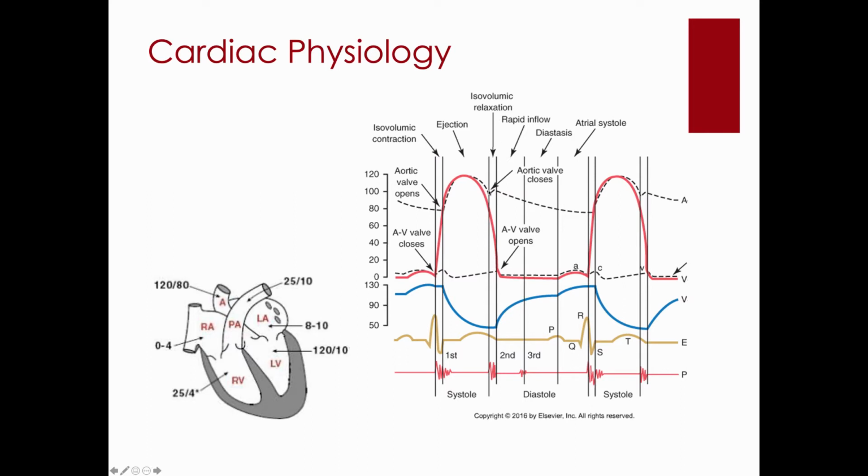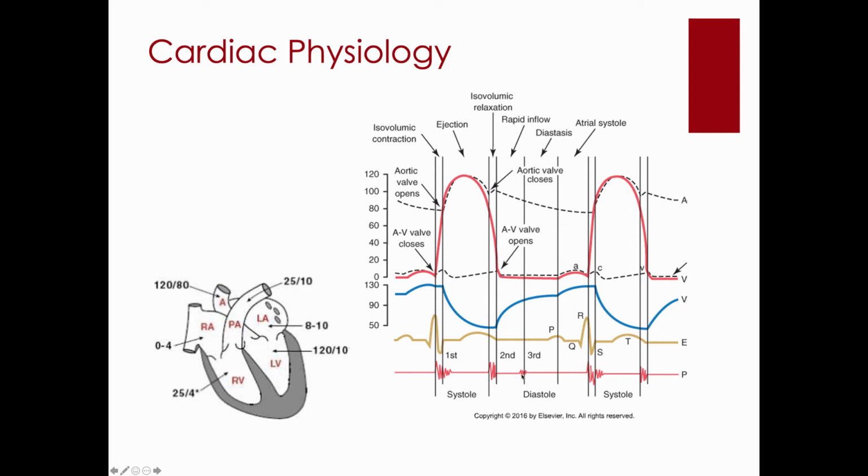When the aortic valve closes, that's the second heart sound. Okay? Now, when there's passive ventricular filling from the atria, it's because the pressure in the atria is higher than the pressure in the ventricles. But if there's a ton of blood in there, like a huge volume of blood, that makes a sound when it goes in.